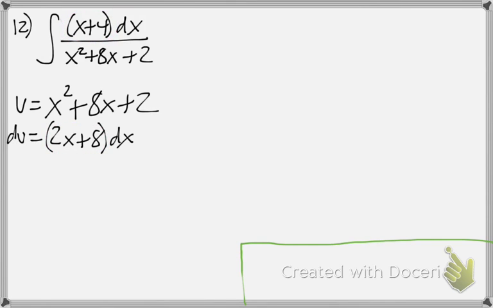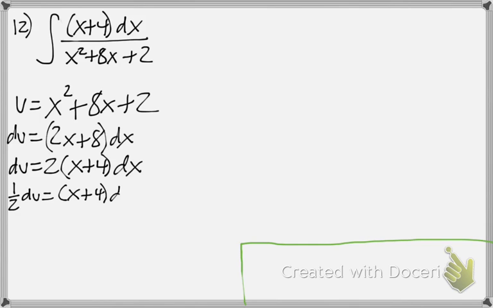And it's actually not that hard, because if we just factor out a 2, du is equal to 2 times x plus 4 dx. There's my x plus 4. So if I divide both sides by 2, 1/2 du is equal to x plus 4 dx.